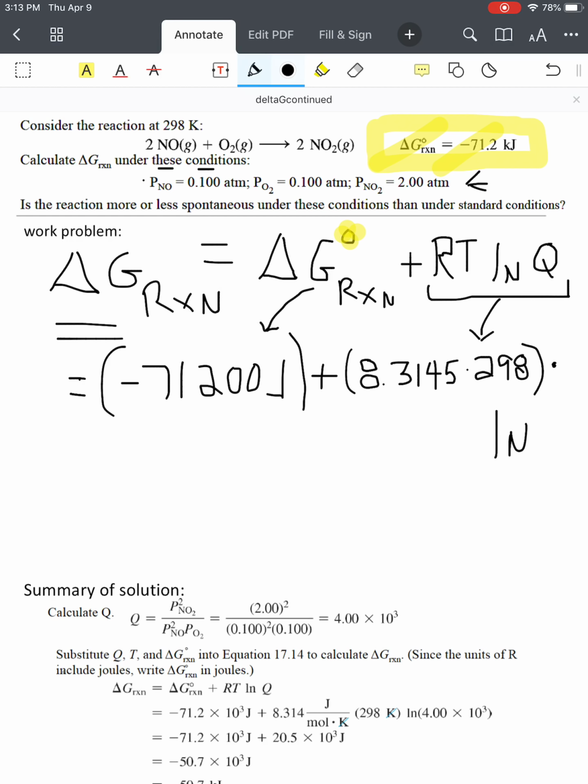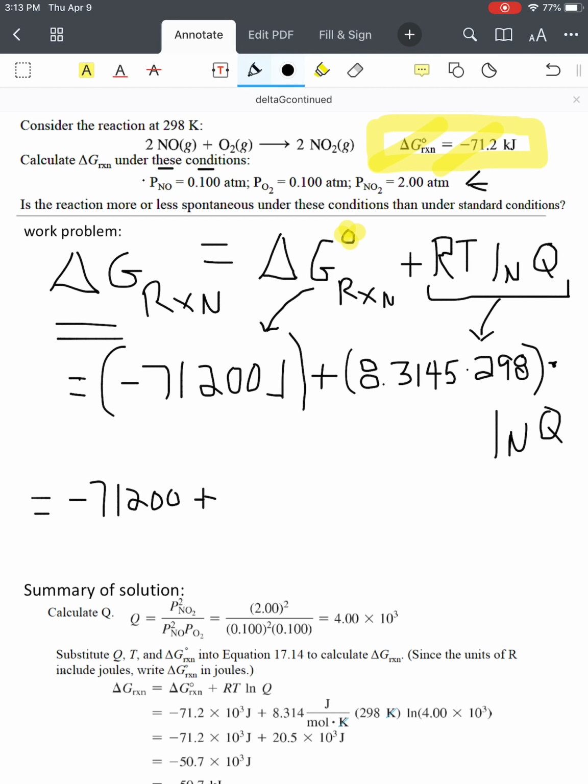And then I need to multiply that result times the natural log of Q. I'm going to move down to the next line just because I ran out of space, but you guys know this belongs up here, right? Okay, wonderful. So it looks like this problem is not so bad anymore. I do my negative 71,200. I'm going to add this other number to it.